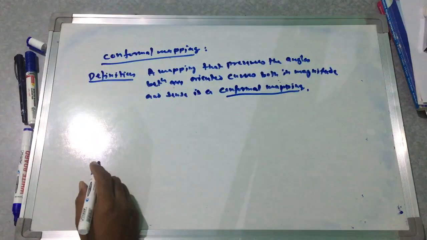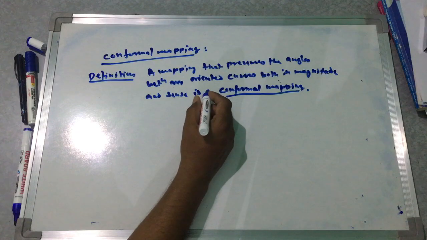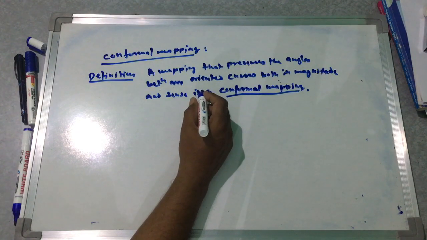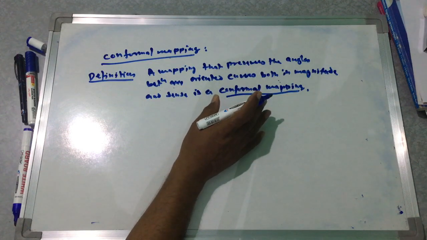This is a conformal mapping. It means a mapping that preserves the angle between any oriented curves, both in the magnitude and sense, is a conformal mapping.